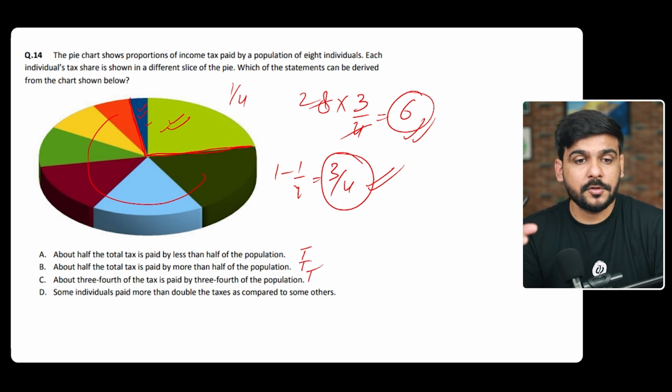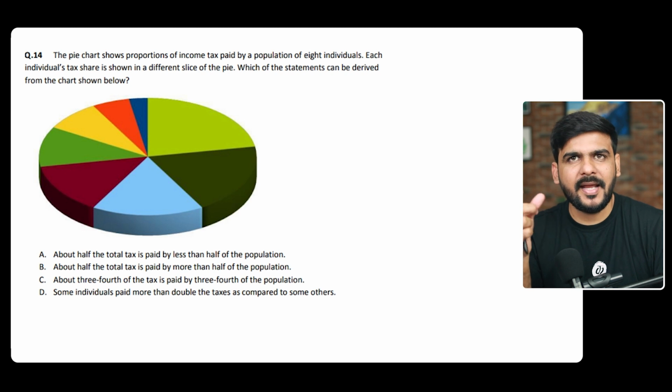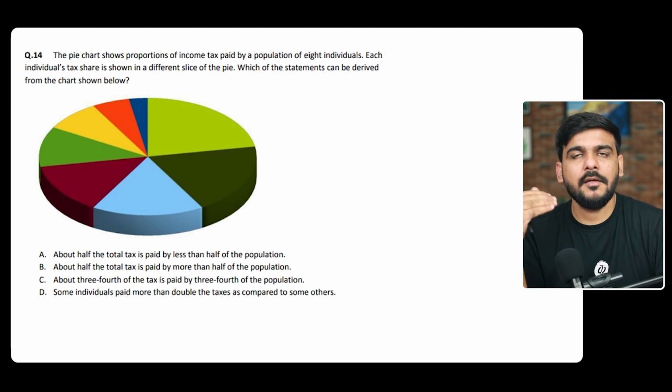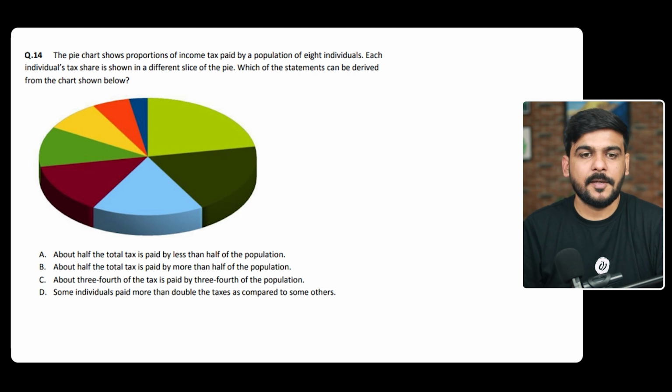Let us move to the fourth statement, that is, some individuals paid more than double the taxes as compared to others. So we can take any individual who is paying lesser tax and any individual who is paying huge tax. If we can see that someone is paying double that of another, then we can say that this statement is correct.